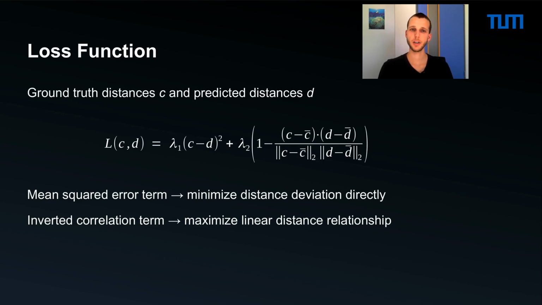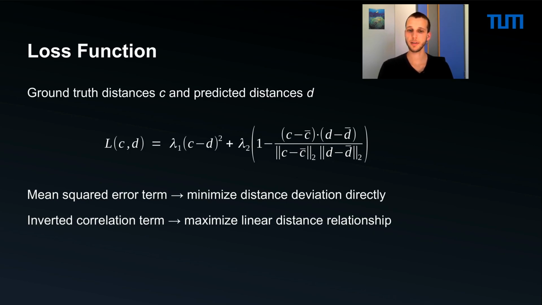To train this network, we are comparing the ground truth distances C and the predicted distance D. Our loss term consists of two parts, a mean squared error on the left that just minimizes the distance deviation of both distributions directly. And this is very important in the beginning of the training, where the distances have a quite different magnitude, meaning it has to be pulled towards the correct values first.